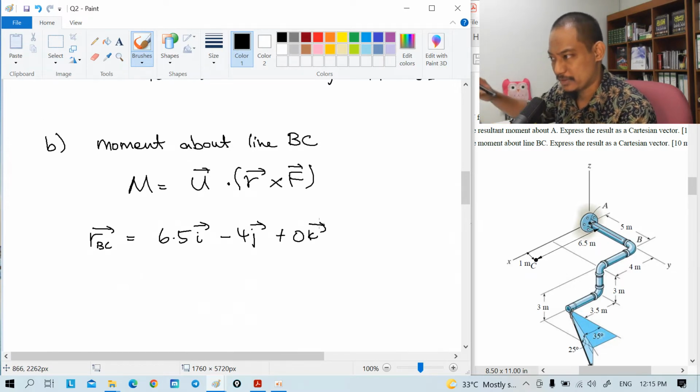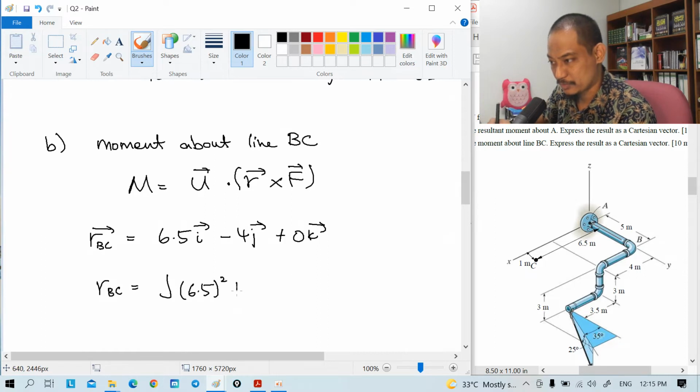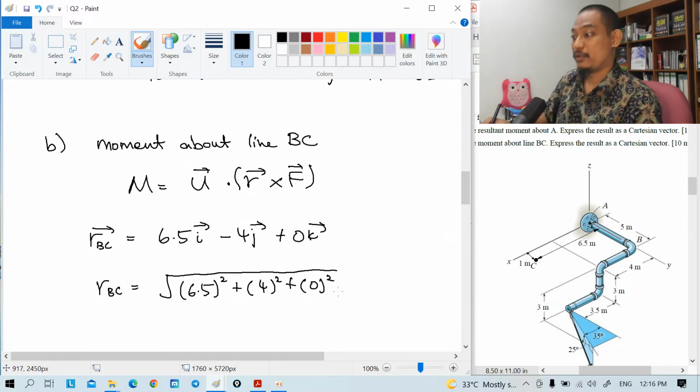Because it's on the same plane. So here 6.5, and this one is minus 4. Alright, so the magnitude of RBC is square root of 6.5 squared plus 4 squared. Of course, if you want to put it completely, plus 0 squared. And what do we get?